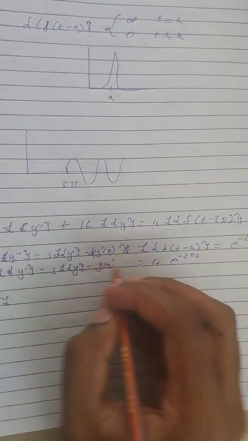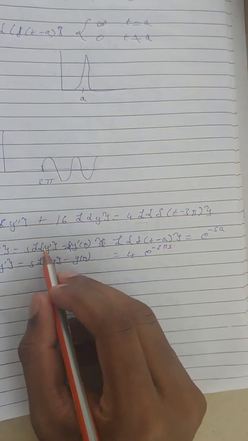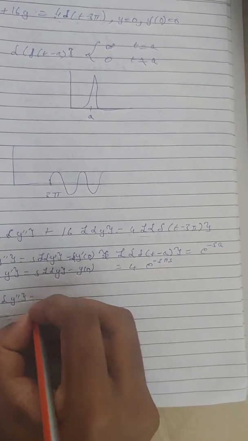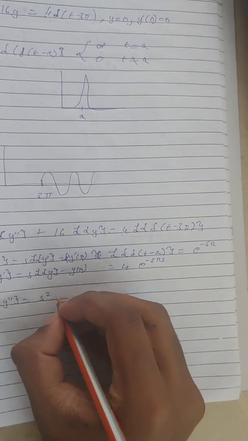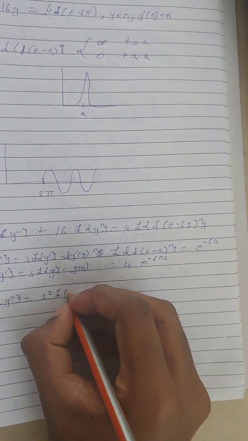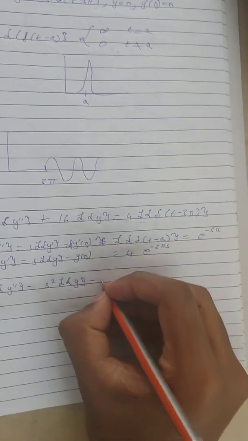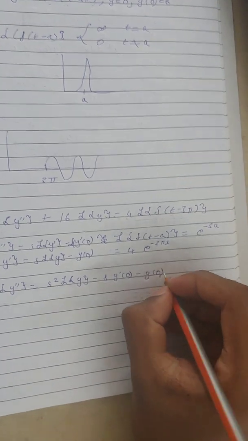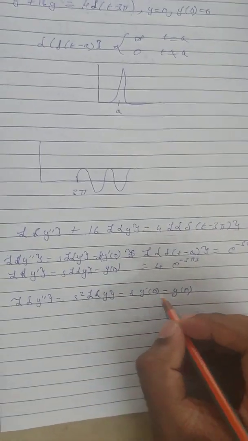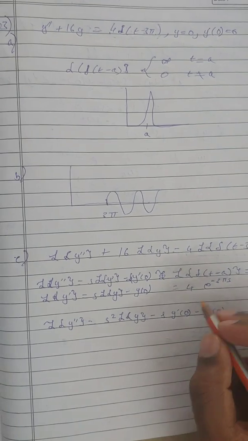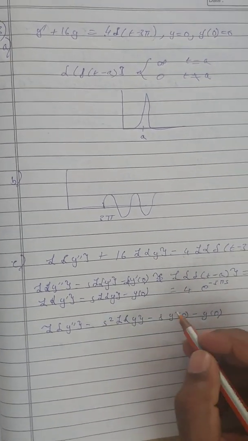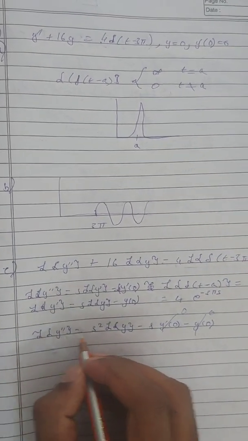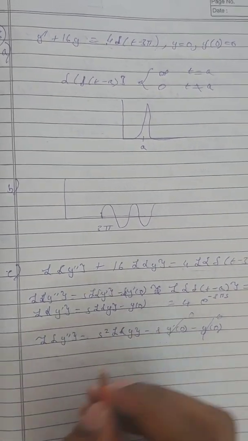So substituting the value of Laplace of y dash here, we get Laplace of y double dash is equal to s square Laplace of y minus s y of 0 minus y dash of 0. So y 0 and y dash 0 both are given in the question initial condition that it's 0. So we get Laplace of y double dash as s square Laplace of y.